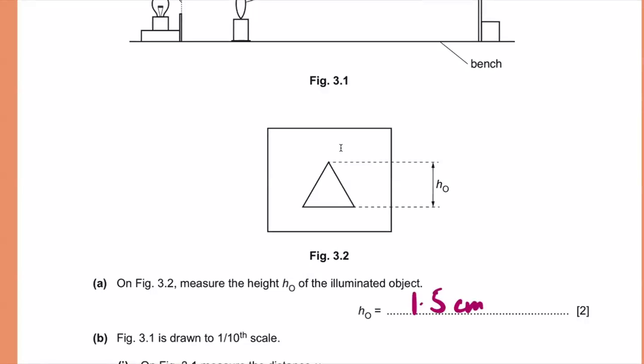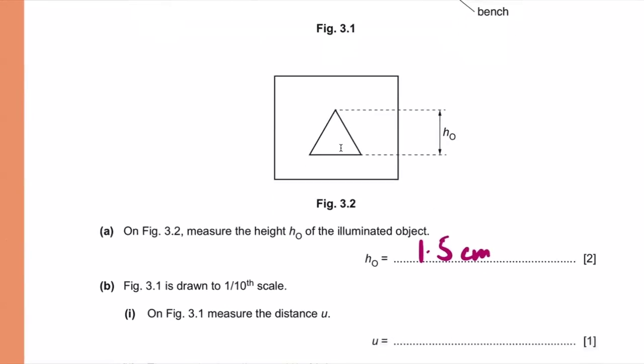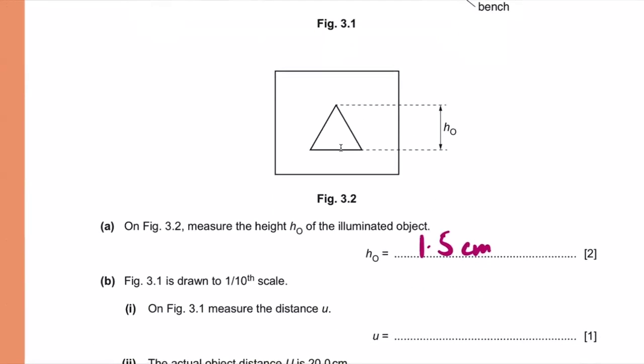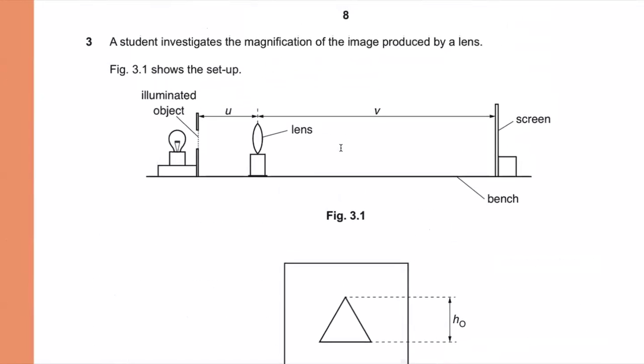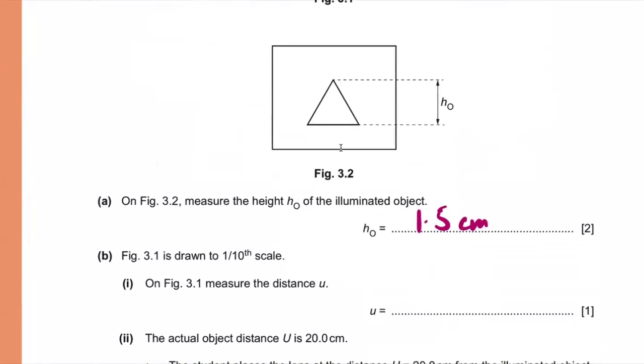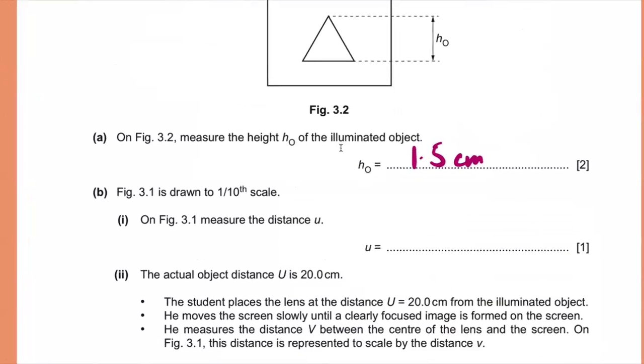This is exactly the value the examiner wants from you. 3.1 is drawn to 1/10 of scale. On 3.1, measure the distance u. So just measuring this, this distance u turns out to be 2 centimeters.